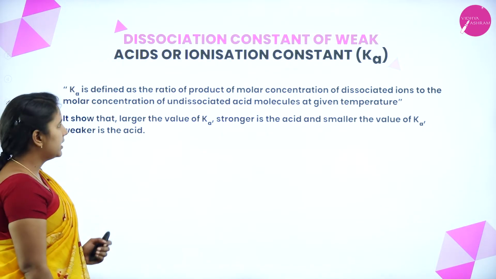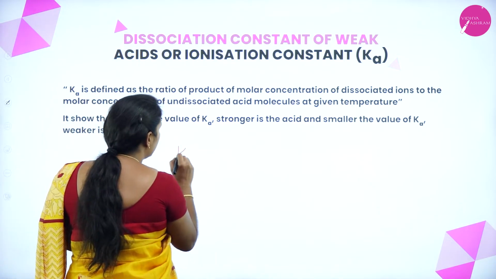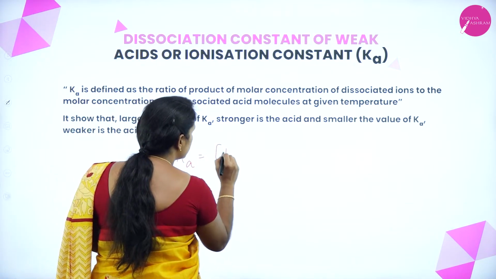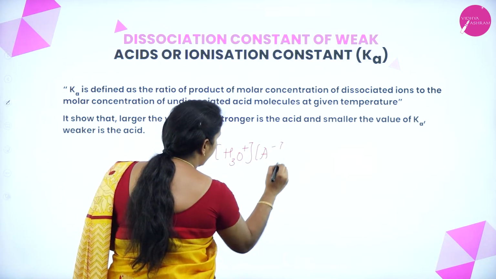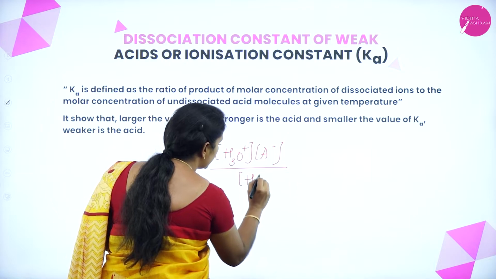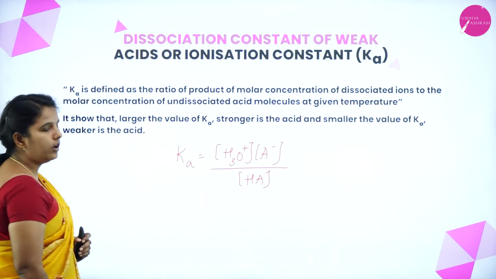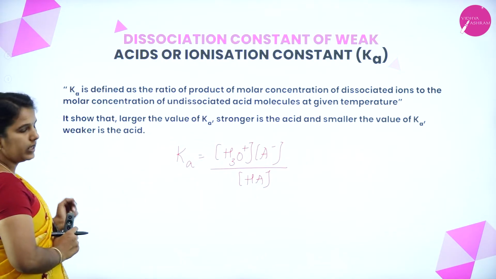So how can I define the Ka now? Ka is nothing but the molar concentration of hydronium ion into molar concentration of the A minus divided by molar concentration of the weak acid. Correct? So how can I define this Ka now?